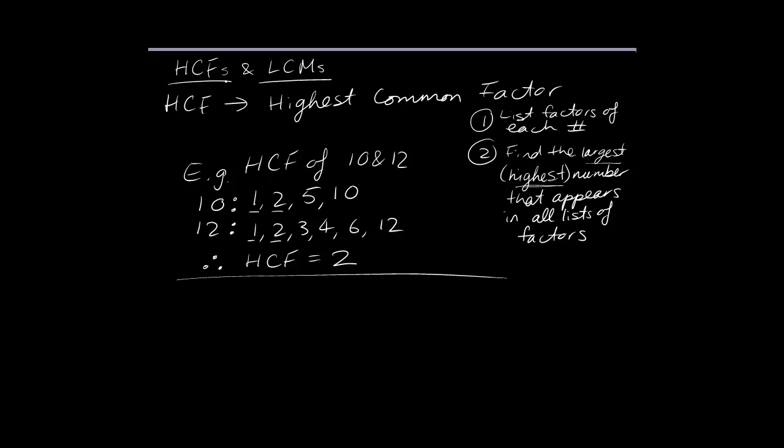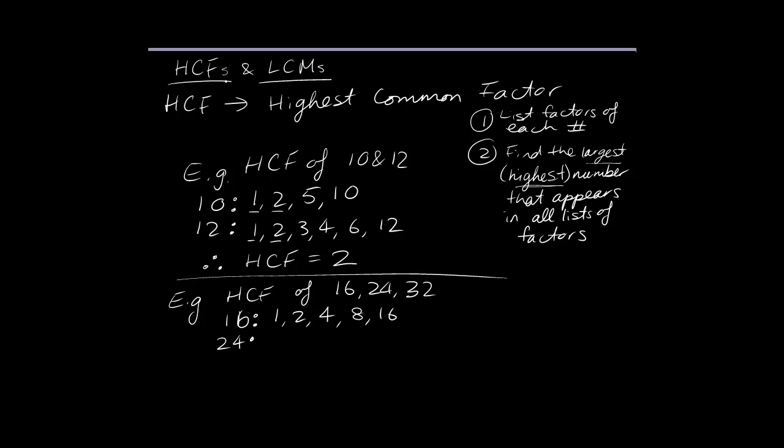Okay, let's just do one more example. Suppose we need to find the highest common factor of 16, 24 and 32. So we start off by listing the factors of each of these numbers. For 16 it will be 1, 2, 4, 8 and 16.